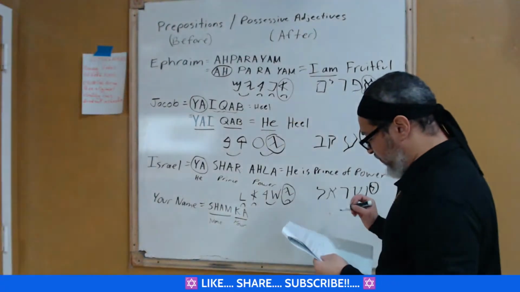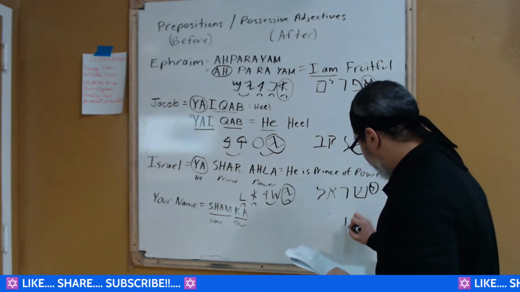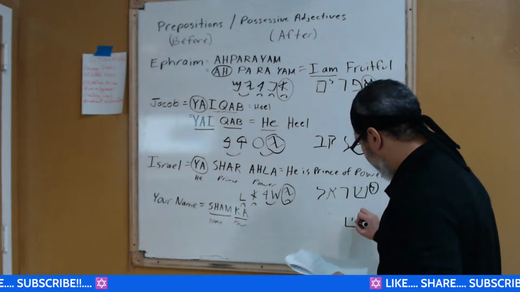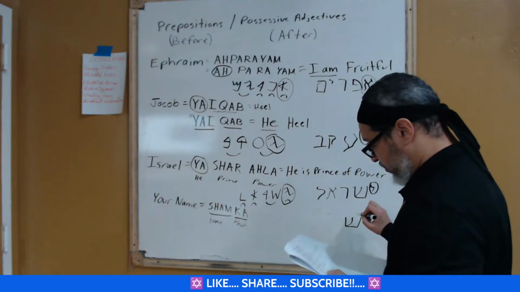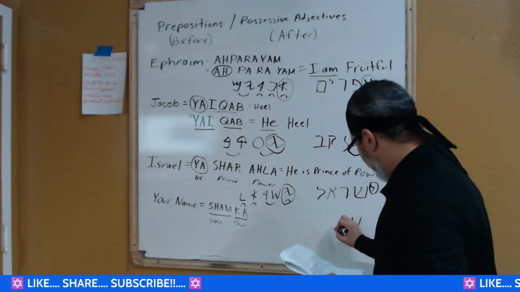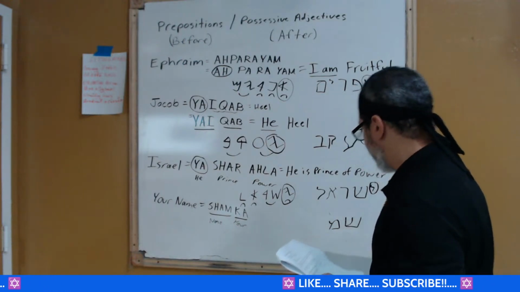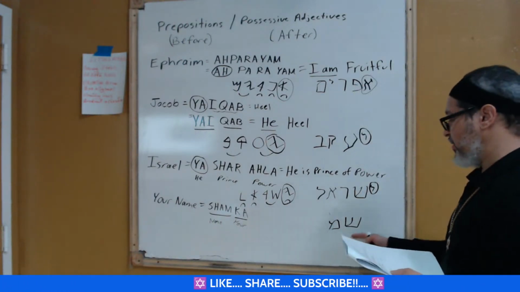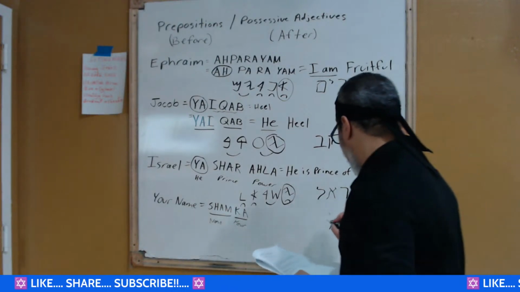And you can see this sha, m, sham. So that right there is name. Ka.